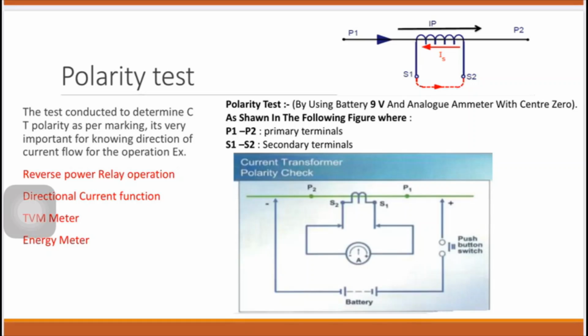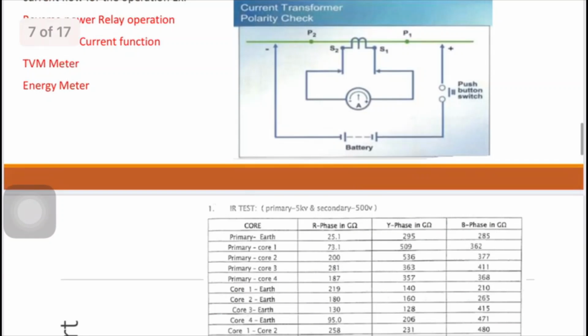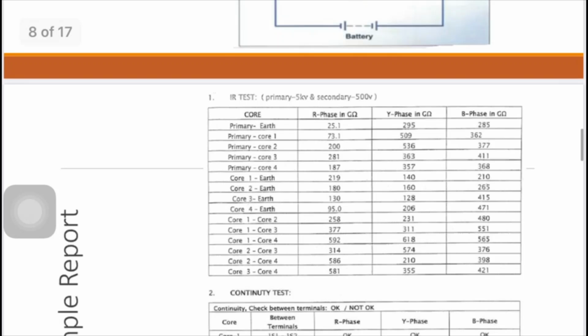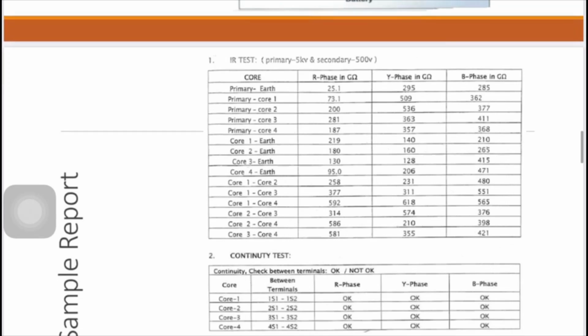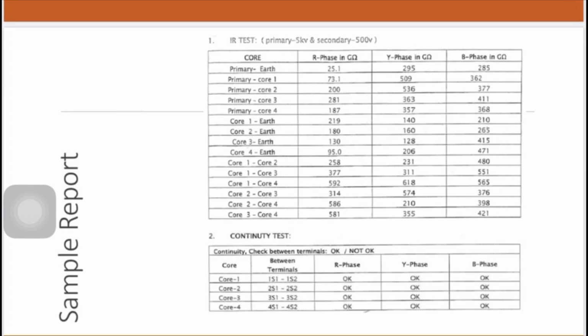Nowadays there are advanced instruments available. During the ratio test itself, we can determine the polarity. So here are sample test reports. As I showed in the nameplate details, it is a 4 core CT.